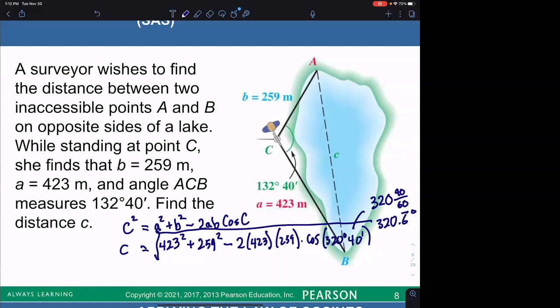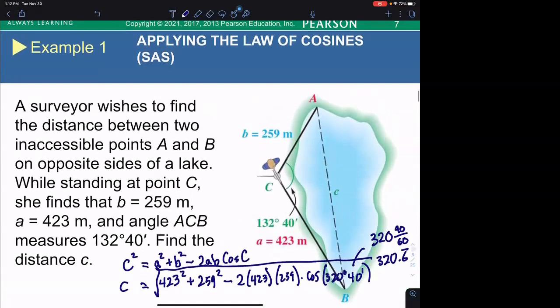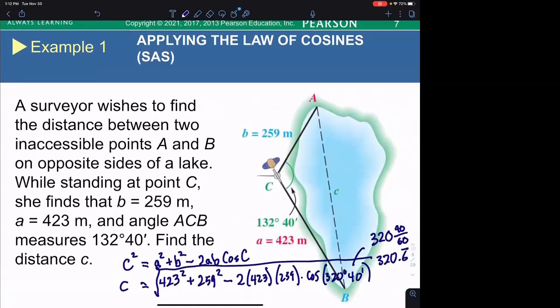Questions, comments, discussions about that? Yeah, I have a question. You put in cosine 320 degrees, but isn't it cosine 132? Yep, thank you. 320 is pretty silly. Keep me honest.